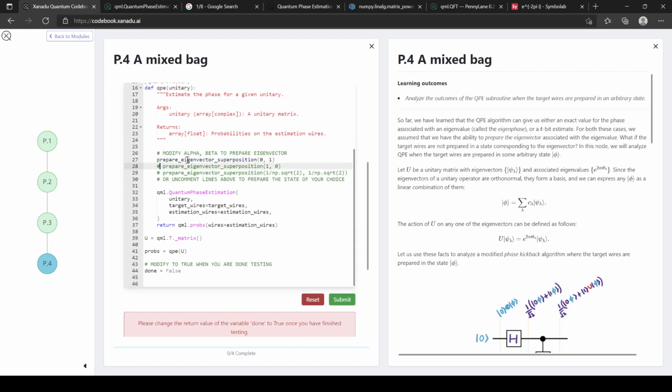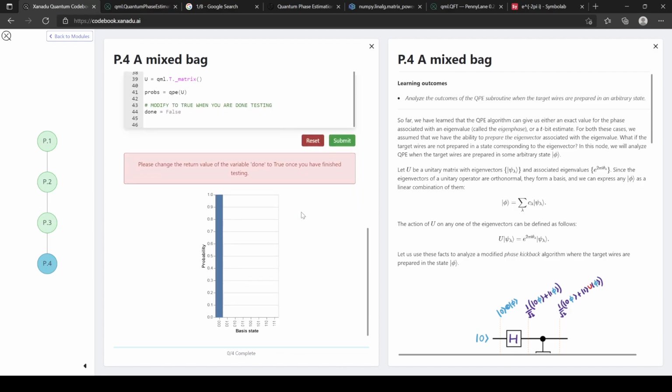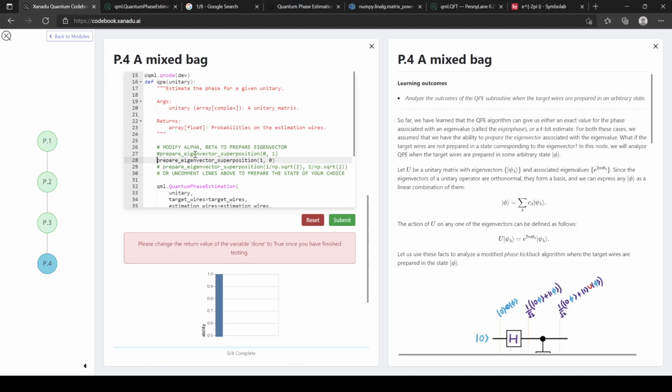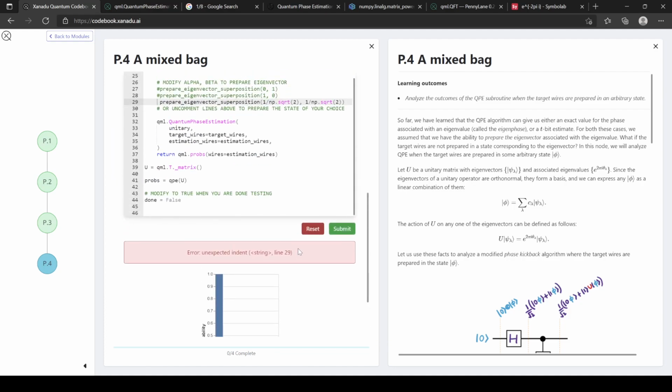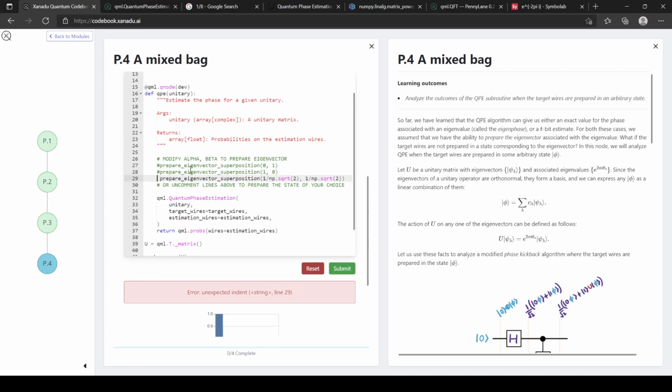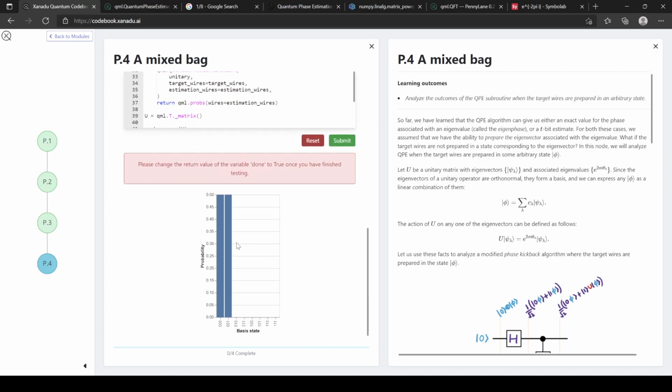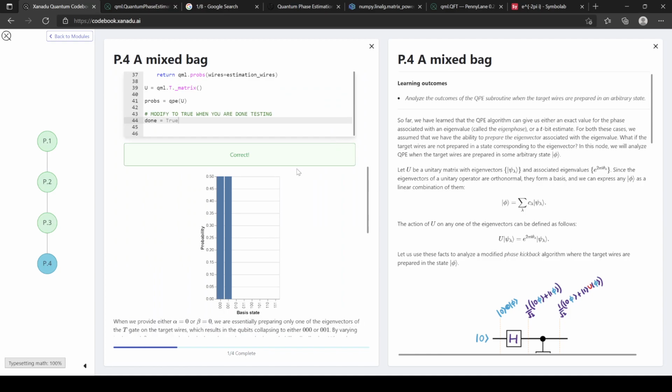Oh, let's test this out. Wow. What am I supposed to be doing right now? Oh, oopsies. But it's going to be half and half. Wow. Okay. Fun. All right.